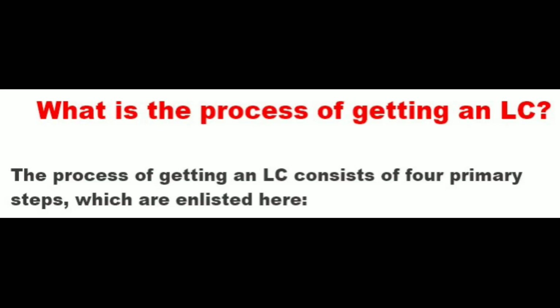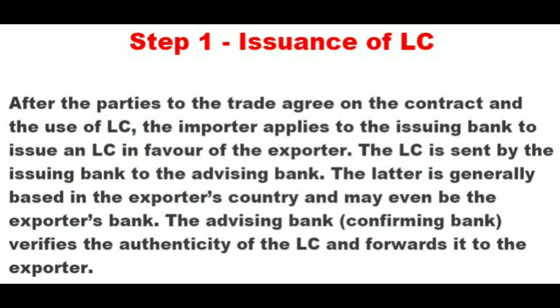What is the process of getting an LC? The process of getting an LC consists of four primary steps which are enlisted here. Step 1, issuance of LC. After the parties to the trade agree on the contract and the use of LC, the importer applies to the issuing bank to issue an LC in favor of the exporter.